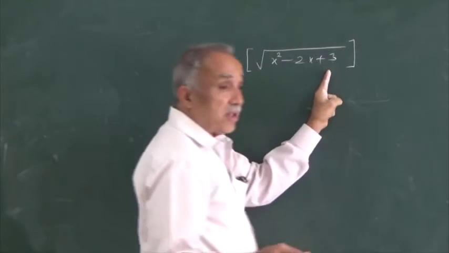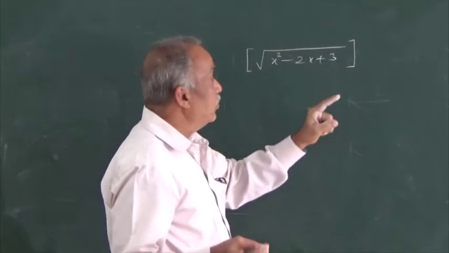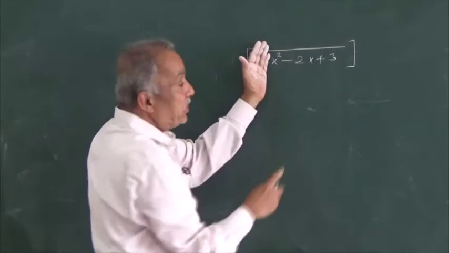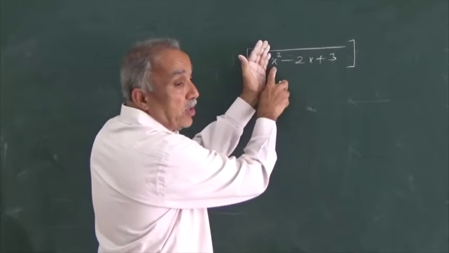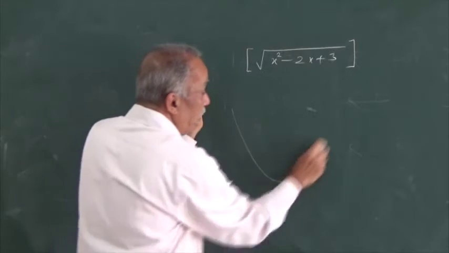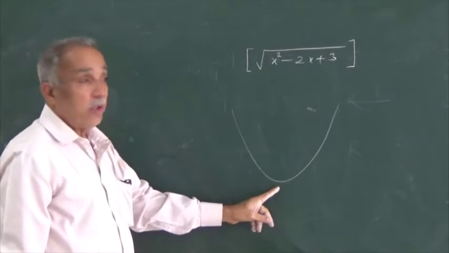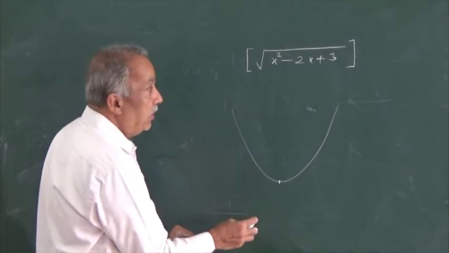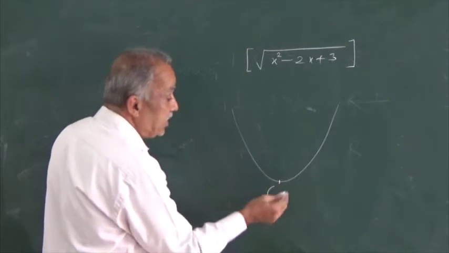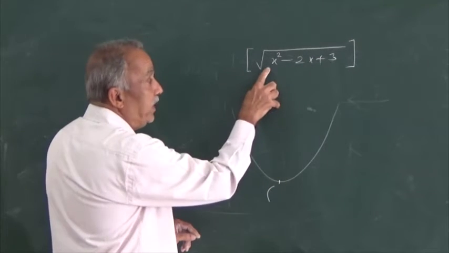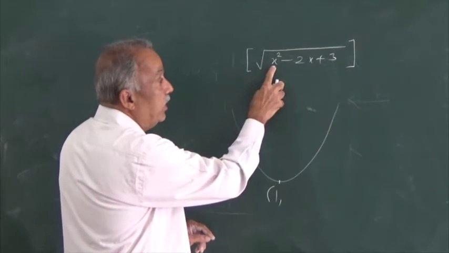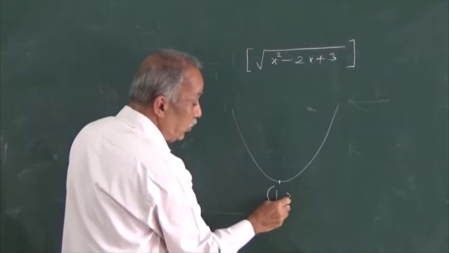Let me check by considering graph of the function, my usual approach. For the function x square minus 2x plus 3, a quadratic with x square coefficient positive, graph will be a parabola with vertex below. For the vertex of the parabola, the x coordinate will be minus b by 2a, plus 2 by 2, 1, and y coordinate when x equal to 1, 1 plus 3, 4 minus 2, 2.